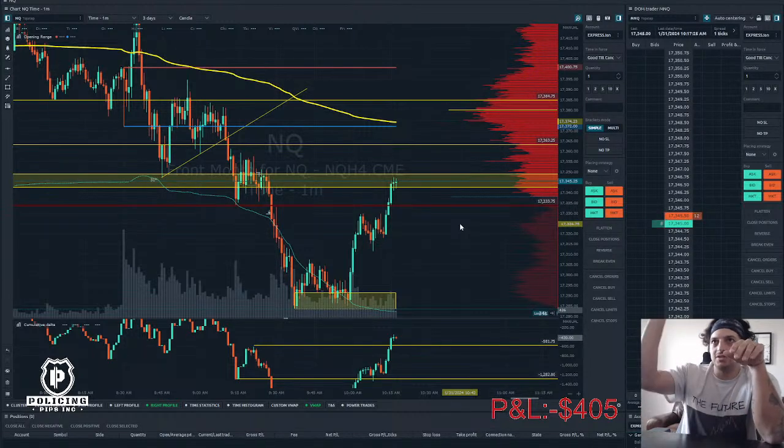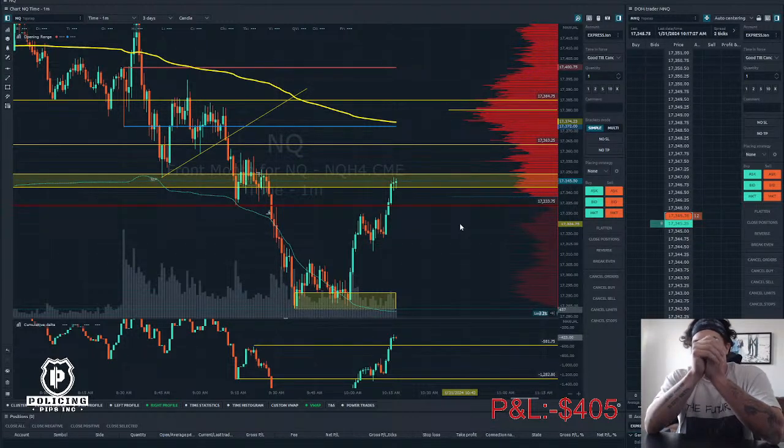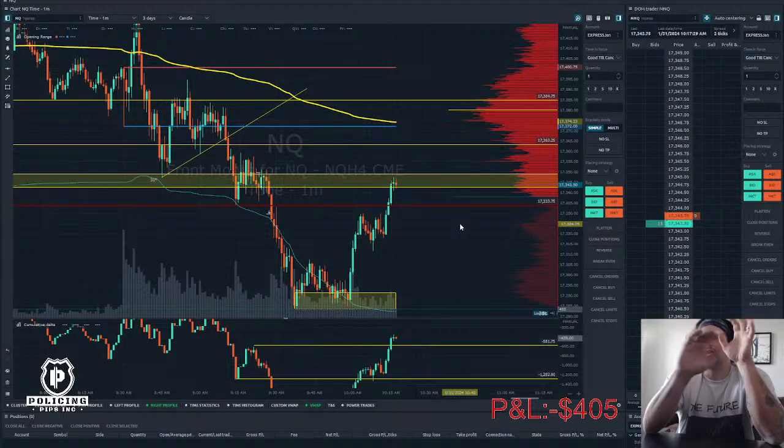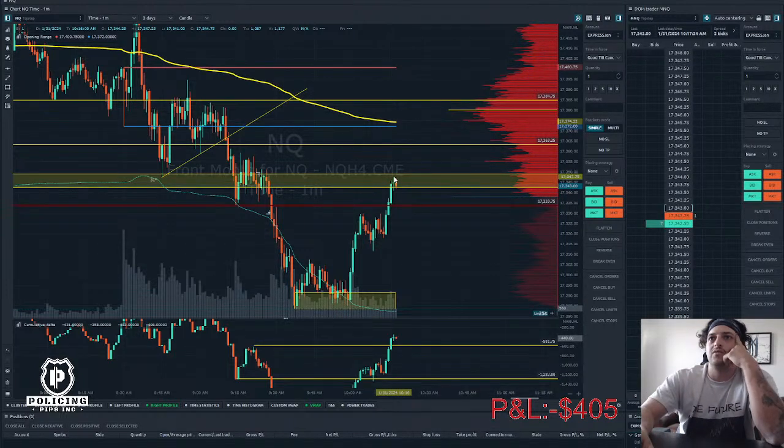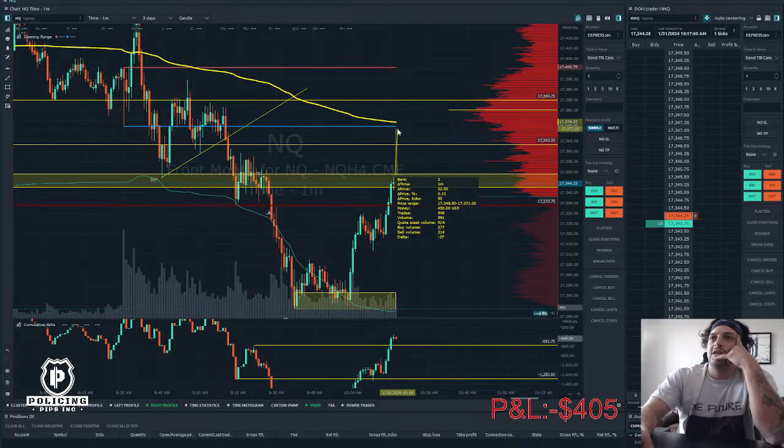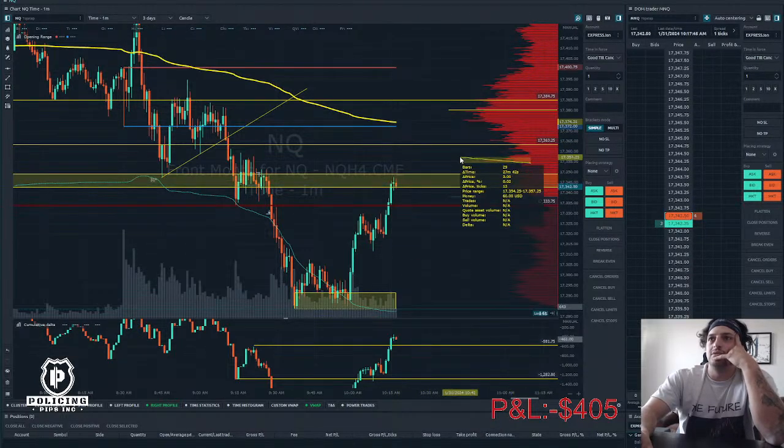If it just rockets off into the moon and I don't get an entry because it doesn't give me that extra little bit of confidence, then so be it. But usually, if you're going to get that full-blown move, a lot of those hard moves like that, where you see the candle do that and then rotate, that's a failure of a level, and then you come back down.